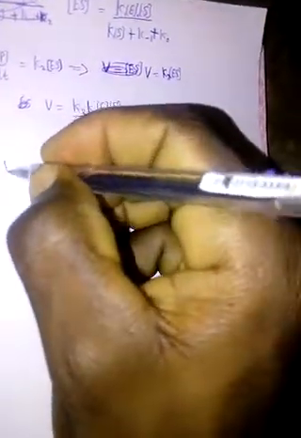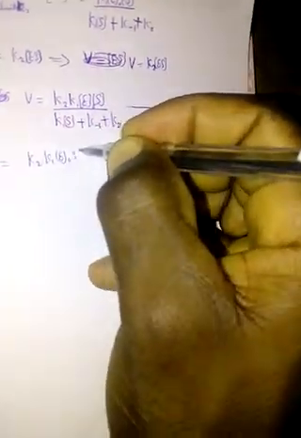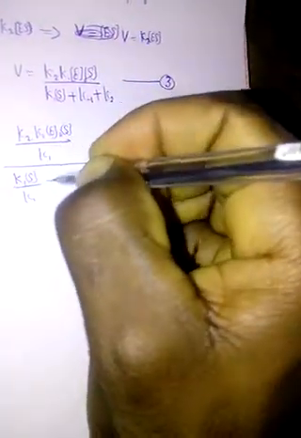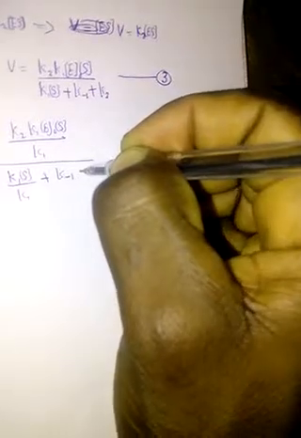So we have something like this: V equals to K2 K1 E naught S all over K1, all divided by K1 S all over K1 plus K minus 1 plus K2 all over K1, such that when I look for the ES, I still get this back.